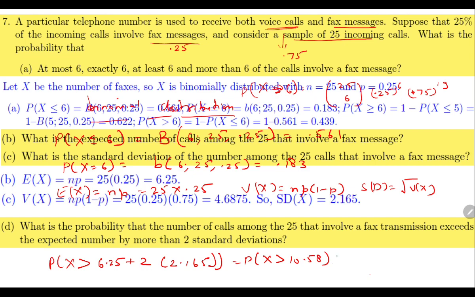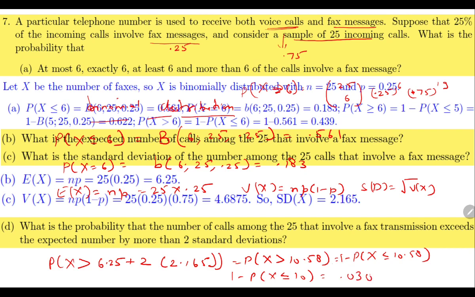Now it's a discrete random variable, so this is 1 minus probability of x less than or equal to 10, and this becomes again a binomial CDF whose value can be seen from the table.